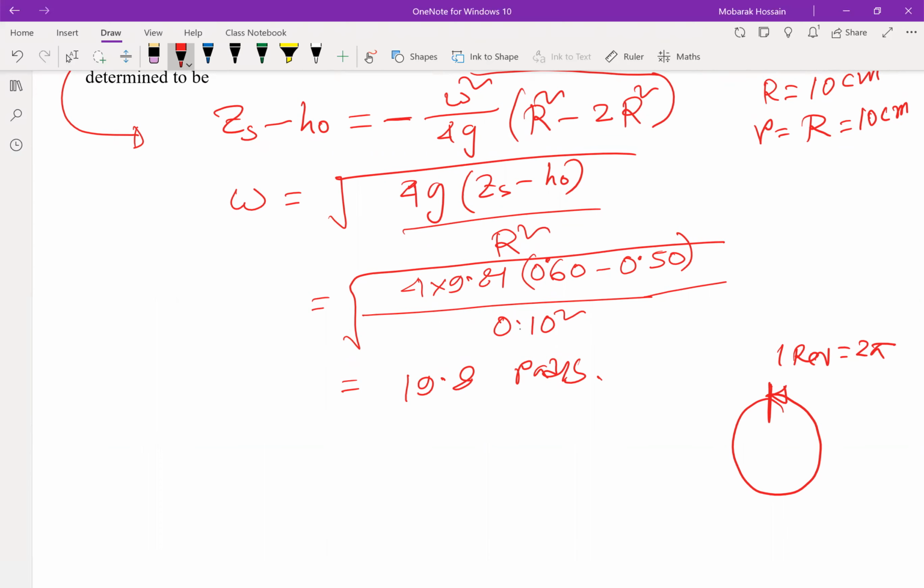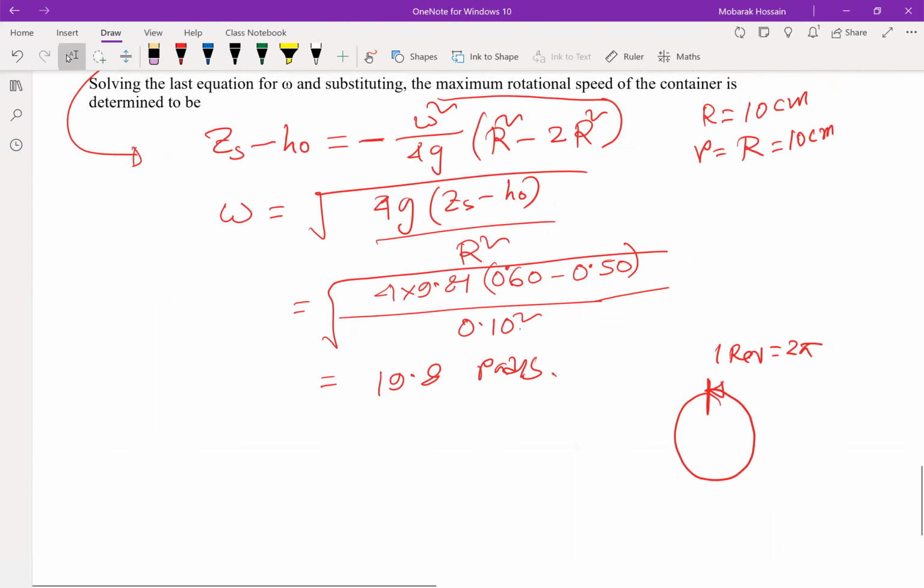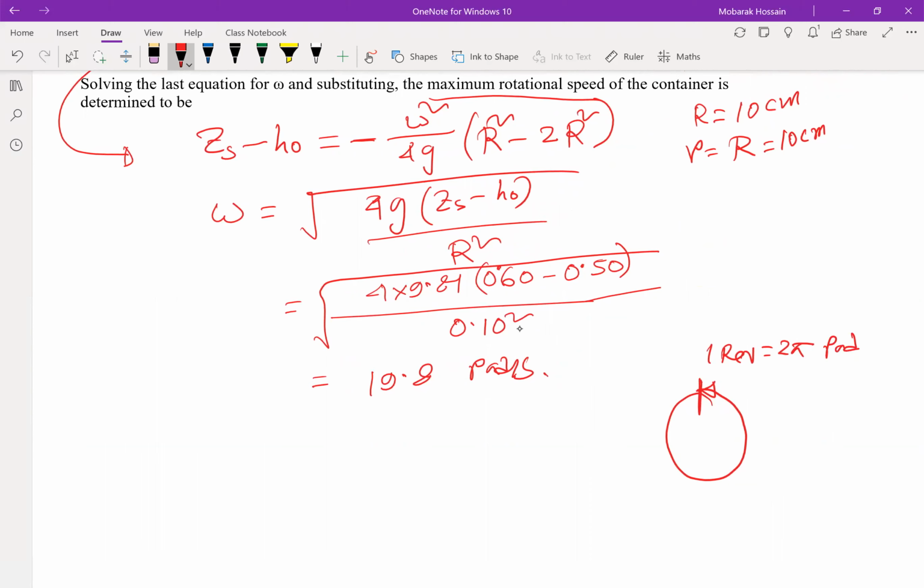So if you want to convert to revolutions per minute, you divide this by 2 pi, which gives you revolution per second, but we want rpm, so revolution per minute, so you multiply by 60 seconds.